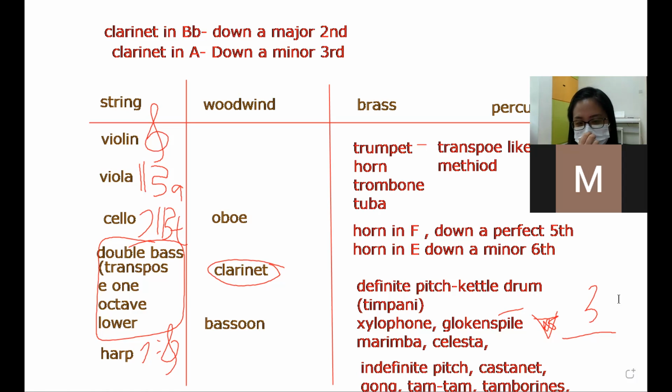Okay. They are percussion, can. Concert pitch means they all have to become the same. Indefinite pitch is like only one sound, there is no do re mi.